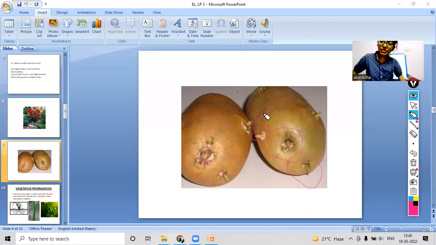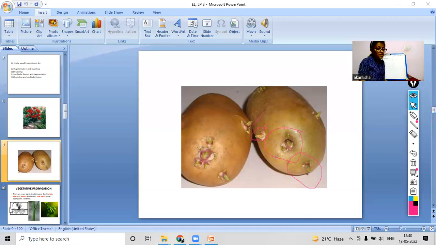So this is also a type of reproduction, and the type of reproduction in the rose plant and in this potato have a special name: vegetative reproduction, or vegetative propagation. So yes, coming to our next topic, that is vegetative propagation.